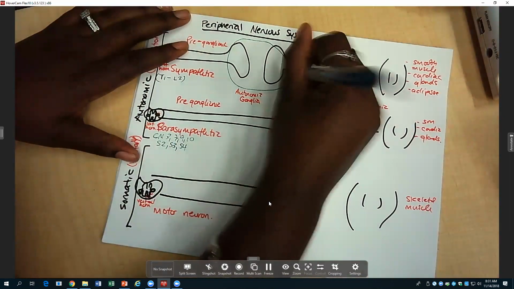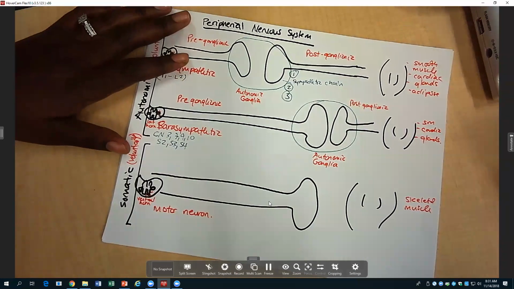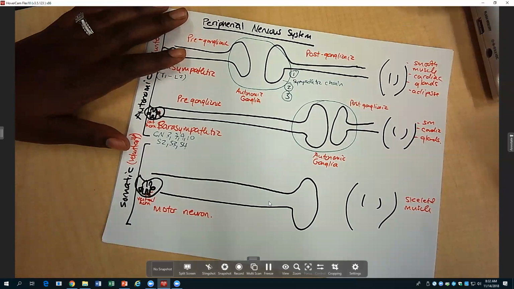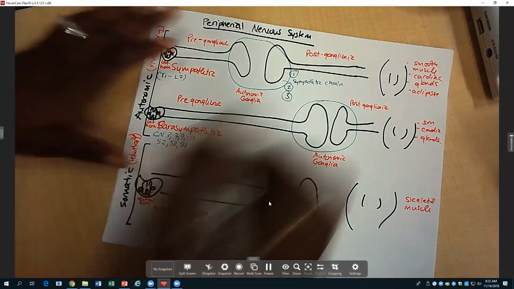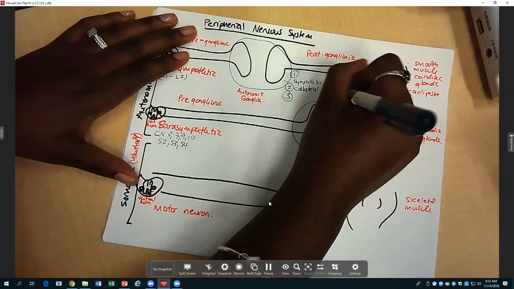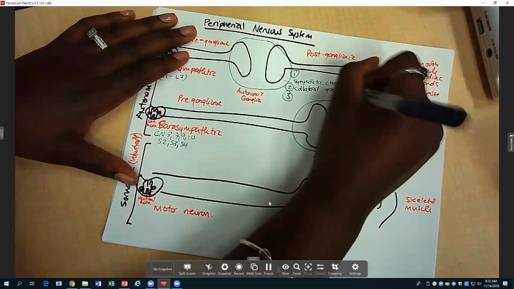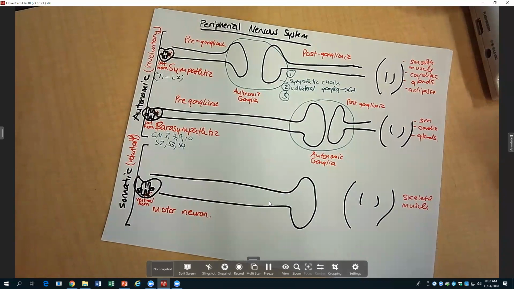And that was only one route of communication. What were the other 3 routes of communication for the sympathetic preganglionic neuron? So 1 is it could synapse on the sympathetic chain. 2, a collateral ganglia, right? And that's going to go to your GI organs. 3, what was the third option?